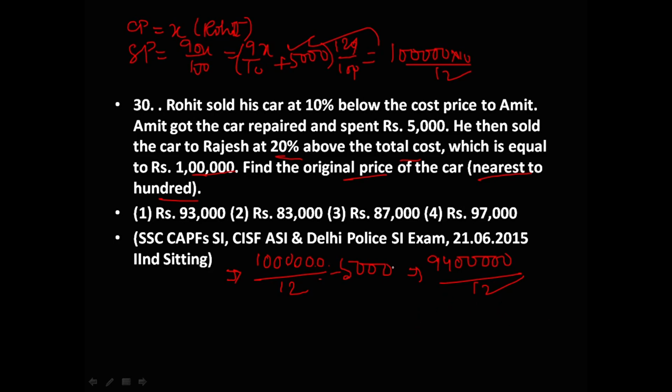Then it will be multiplied by 10 and divided by 9. So it will be nearer to 87,300 something. So it would be 87,000. It won't be a perfect number, so nearest to 100 is the answer, so 87,000 will be the answer. Clear. Moving to the next one.